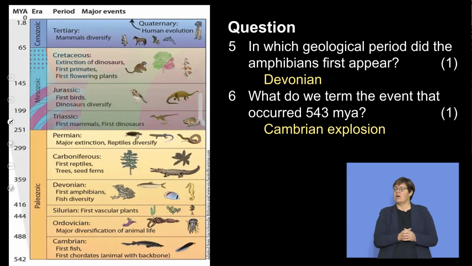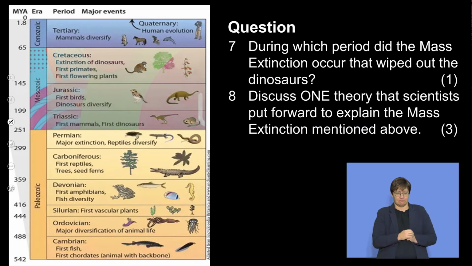Then, what do we term the event that occurred 543 million years ago? And that is, right at the start, the Cambrian Explosion. Okay, next one. During which period did the mass extinction occur that wiped out the dinosaurs? That was at the end of the Cretaceous, so that would have been 65 million years ago.